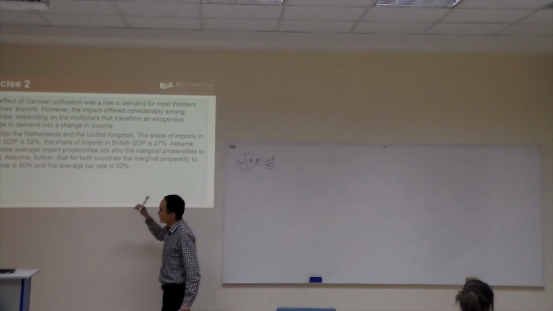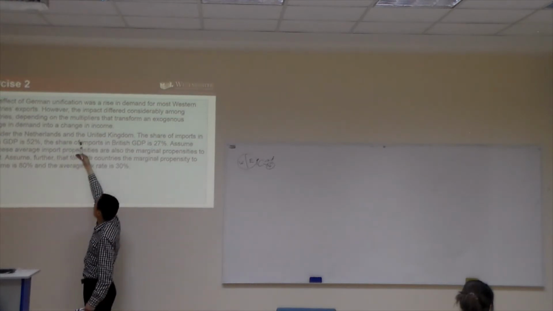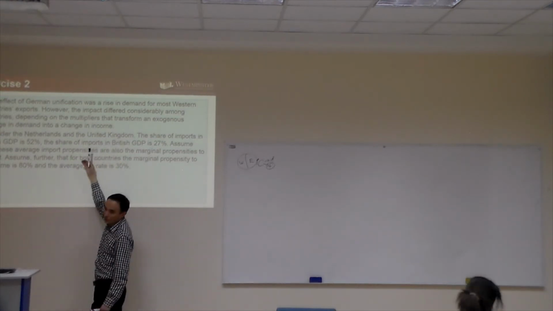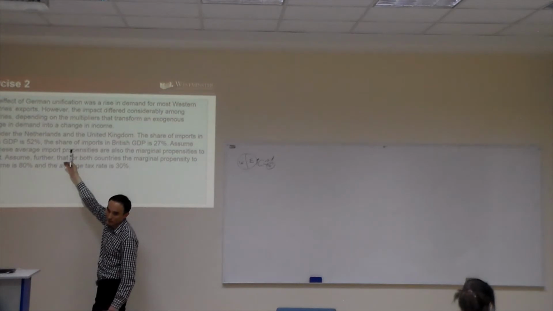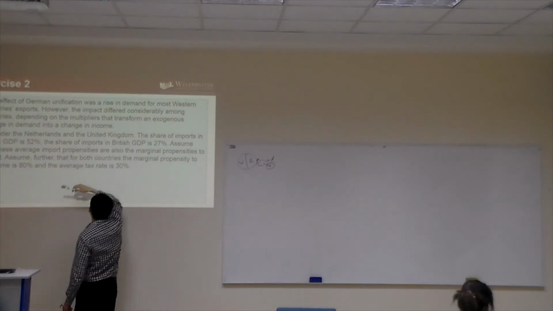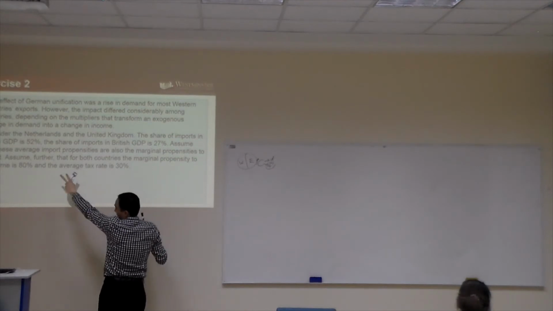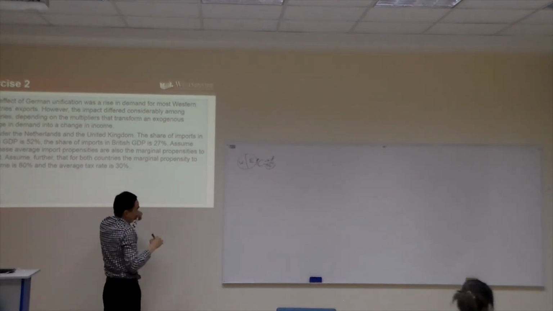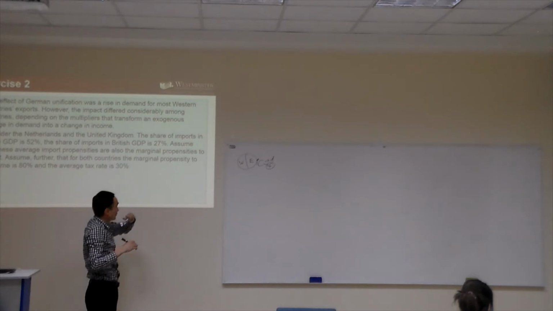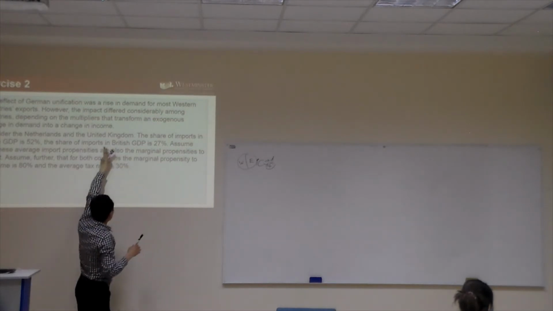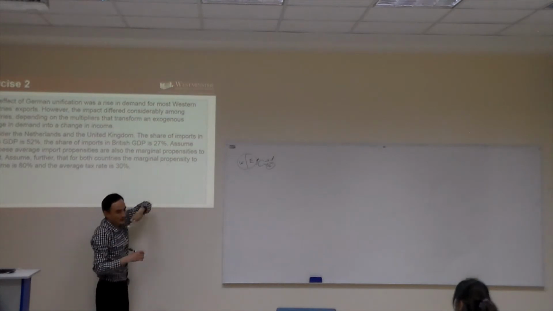So here we are considering Netherlands and United Kingdom, where they were exporting more in here, okay? The case. So look, the share of imports in Dutch GDP is 52%. 52% of GDP. And in British economy, the share of imports is 27%.